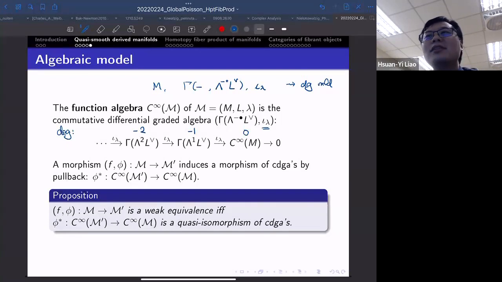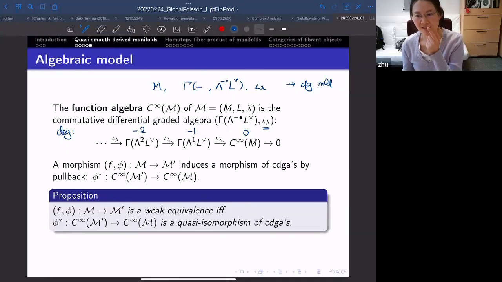Any other questions? I have a question. Wouldn't your CFO also restrict to just this one-step thing? You were saying weak equivalence is not invertible, but I don't think that's a problem.